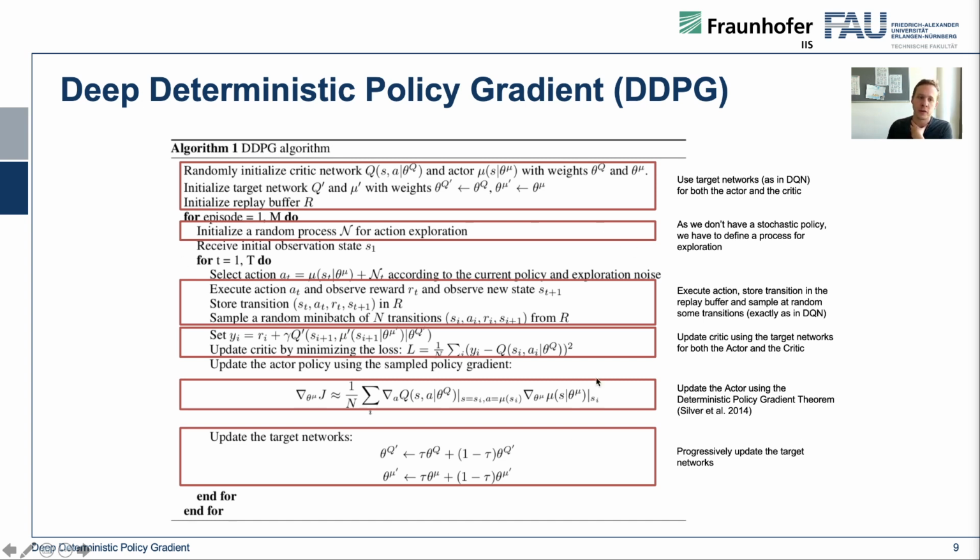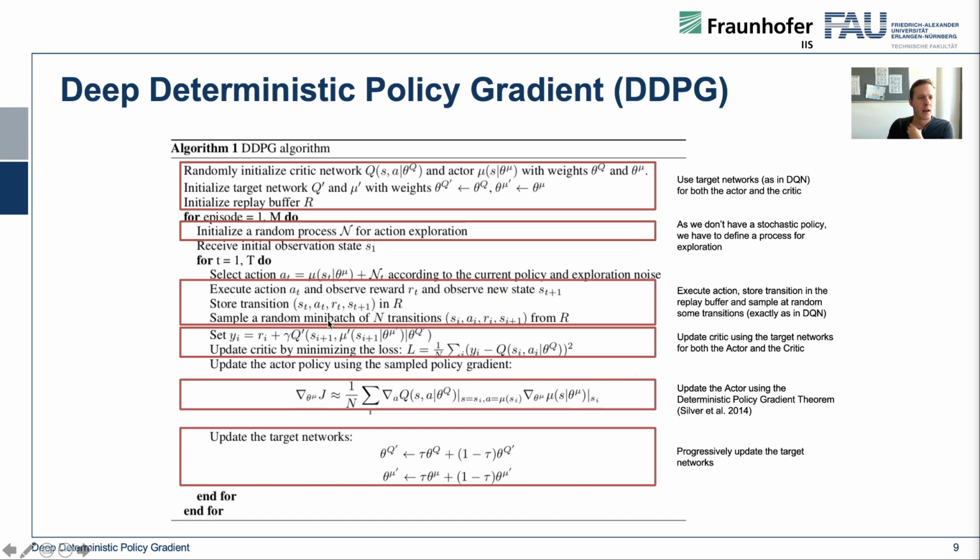Then you keep on doing your training procedure, where you go over a certain number of time steps and do what you know from Q-learning and DQNs. You execute actions, observe rewards, and put them in the memory, from which you sample.